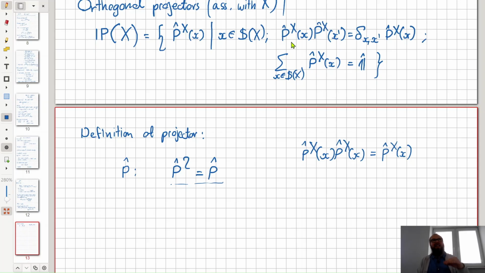Then I act with another one, and it gives 0, meaning that whatever x was projecting on was not in the x prime subspace. This is orthogonality. The last bit tells us this is a complete set, in the sense that the subspaces that each projector projects on cover the whole Hilbert space. So this is kind of like a basis.